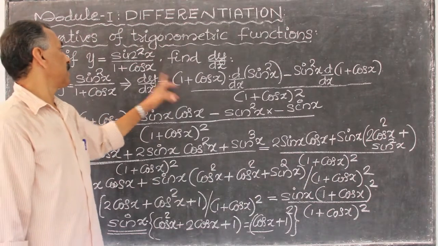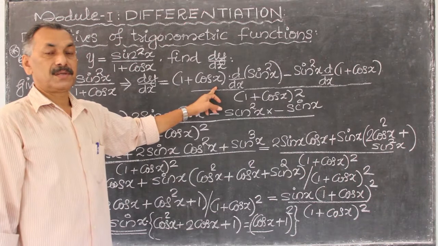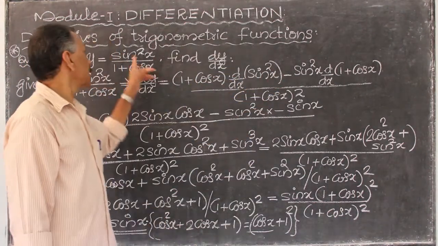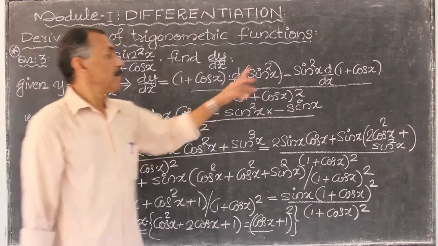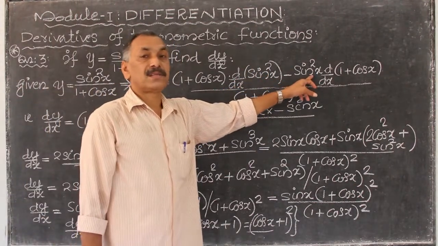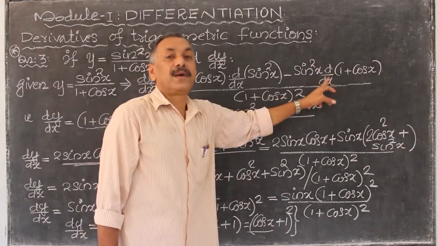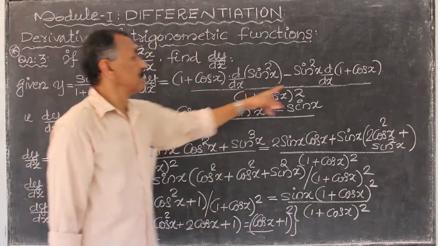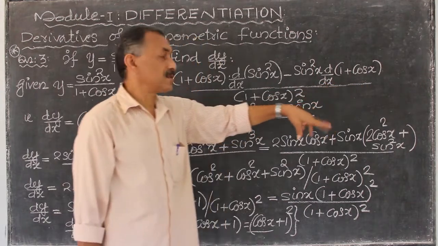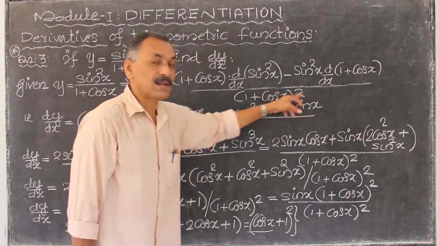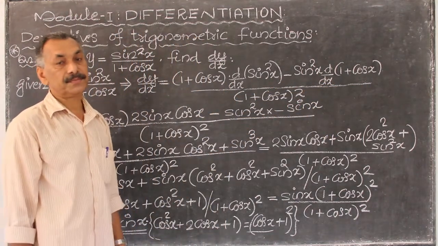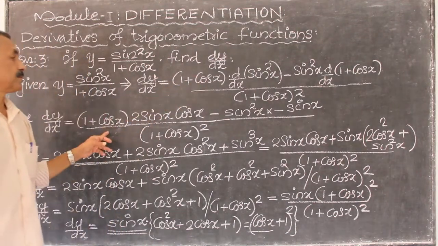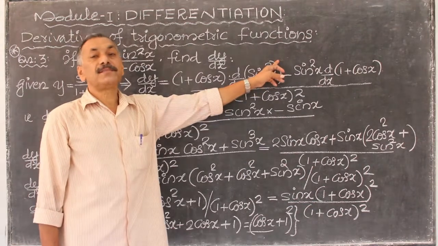That is denominator 1 plus cos x into derivative of numerator sin square x, minus numerator sin square x into d by dx of denominator 1 plus cos x, all divided by denominator 1 plus cos x whole square.